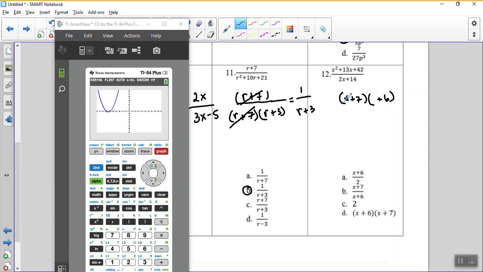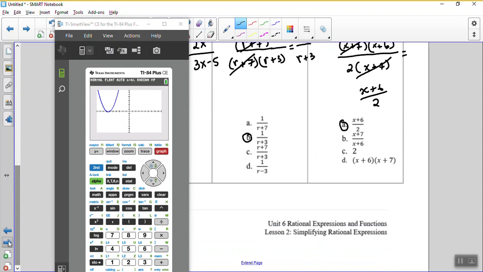Okay, and then you have x and then x, and in the denominator I can factor this out. I see that 2 goes into 2 and 14, so I'm going to factor out a 2, so you have x plus 7 in the denominator, and all that so that I can cross these out. So in the numerator, I have x plus 6 over 2. That's your choice there. Okay?